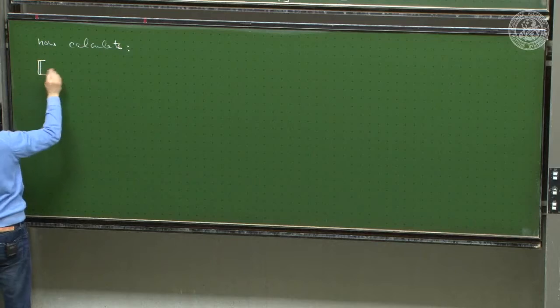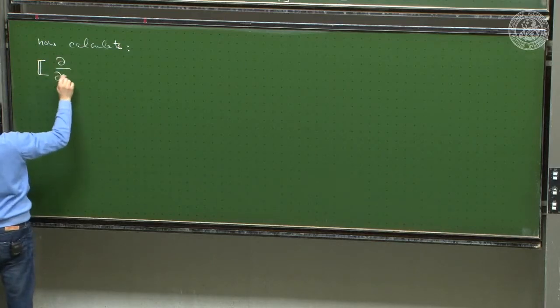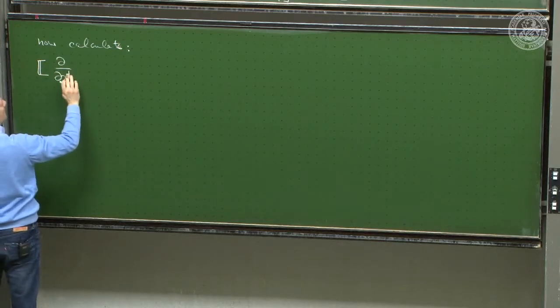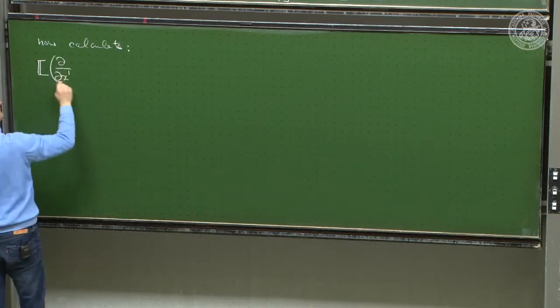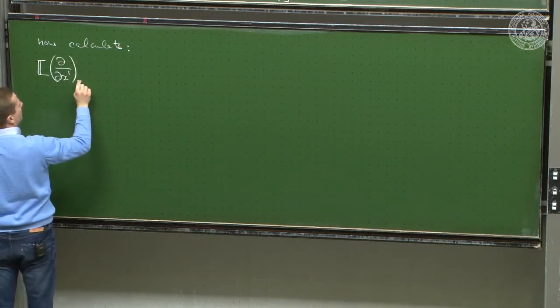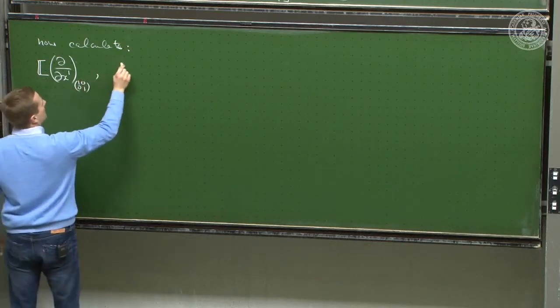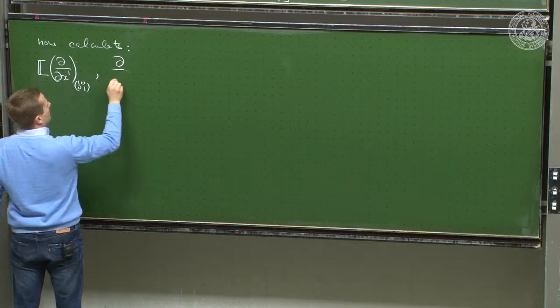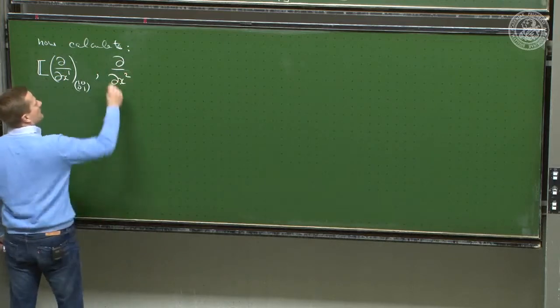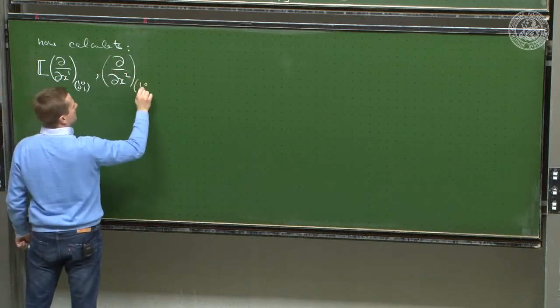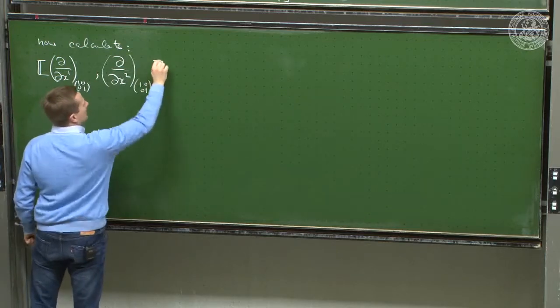Let's do a specific example. I take the first one at the identity, because that is where this bracket should act, and I take the second basis vector, x2, at the identity, for which this bracket is defined.